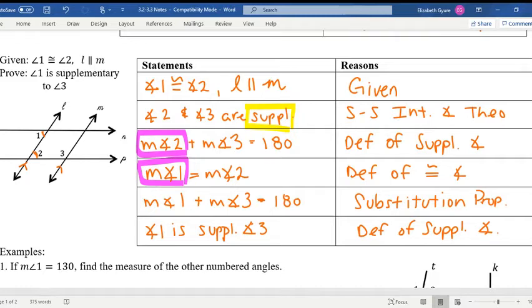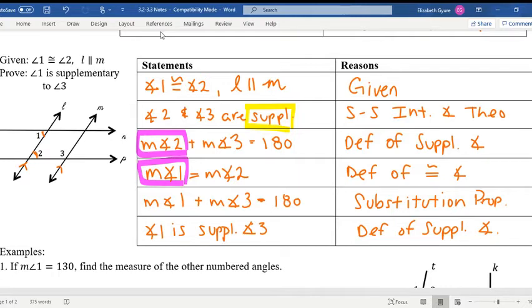That's a very standard type of proof that you'll see with these, right? You're either going to see ones where you figure out a way to use the transitive property to tie angles together, or if things are supplementary, you might need to substitute in some values. Any questions about those?